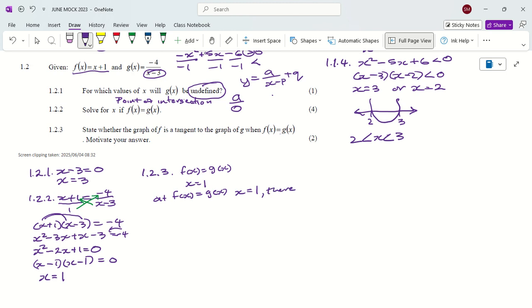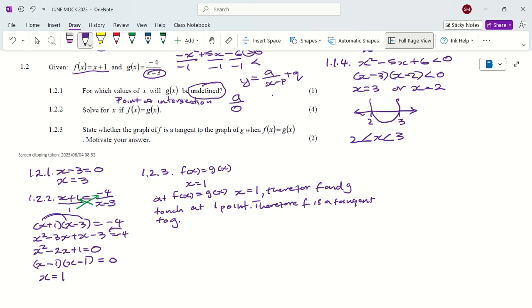Therefore, f and g touch at 1 point, ne? Therefore, f is a tangent to g. Simple.